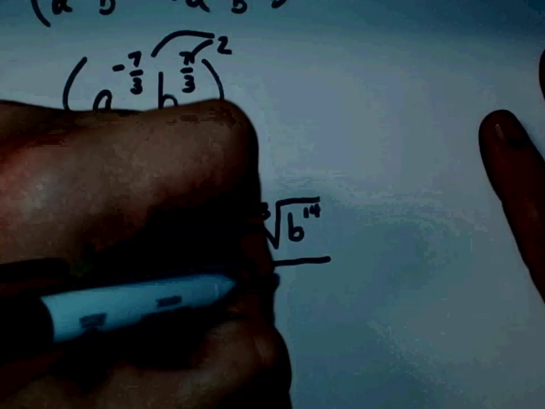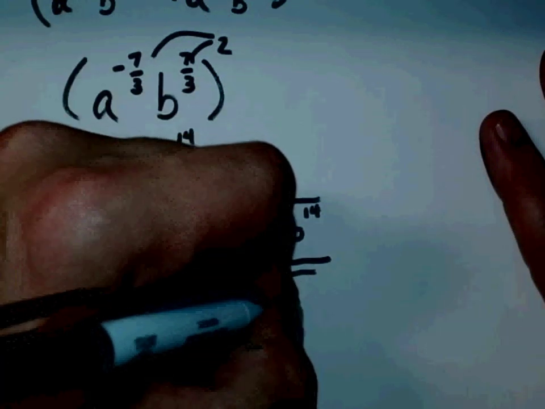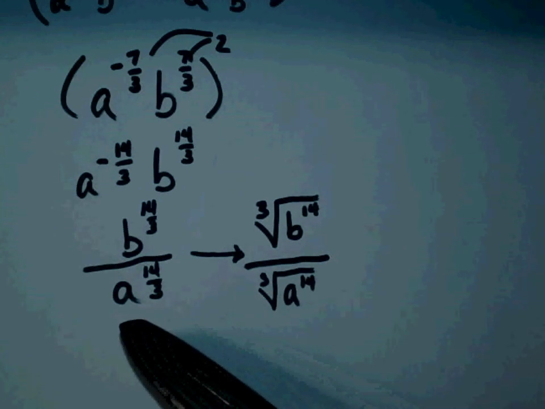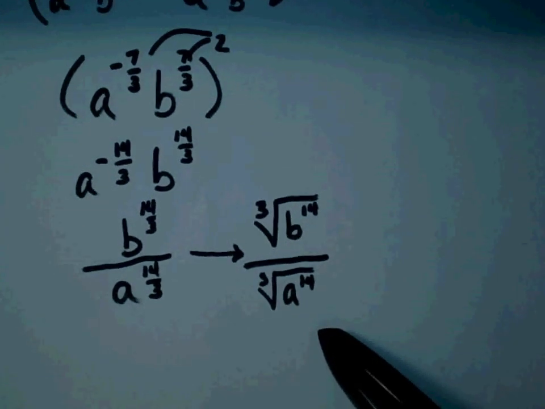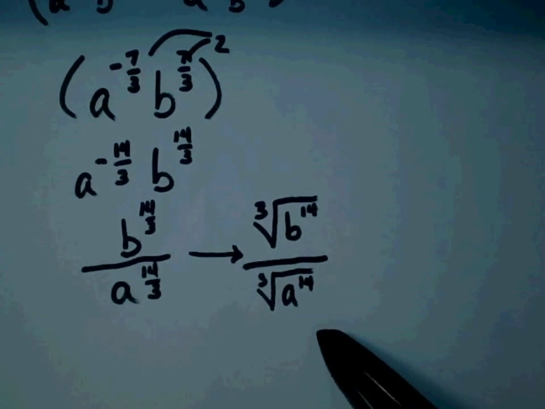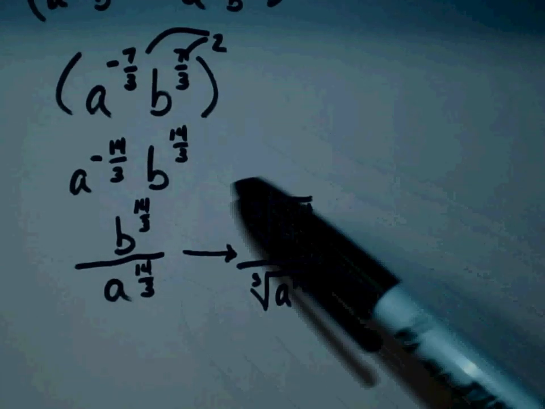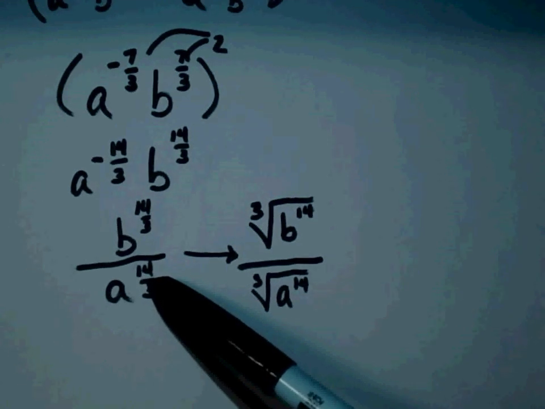And so the bottom is the cube root of a to the 14th. Okay, so that's really what that is, and the reason why I know I'm not done is because since I know what fractional exponents do, I have a radical in the denominator, and I got to rationalize it. Okay, so I did this portion right here so you could actually see what this represents. Okay, everybody okay with that?